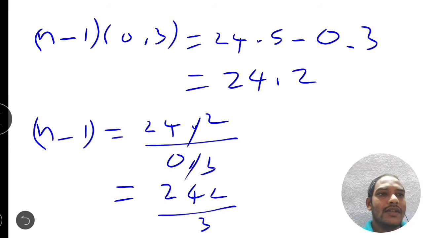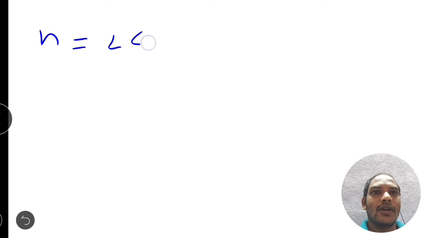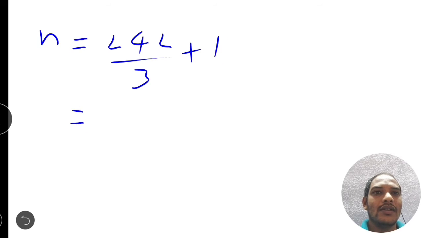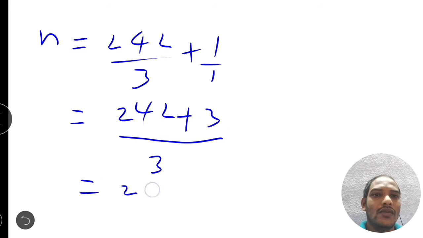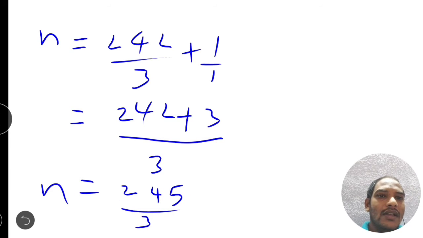No cancellation, so n equals 242 divided by 3 plus 1. We can write 1 as 1 by 1, the LCM is 3, so 242 plus 3 ones are 3, 245 by 3. So here n is a rational number.